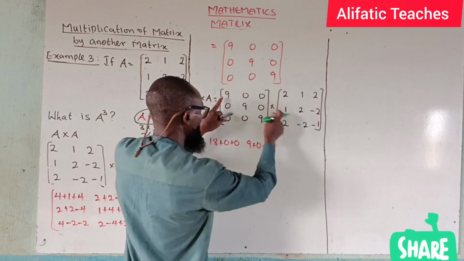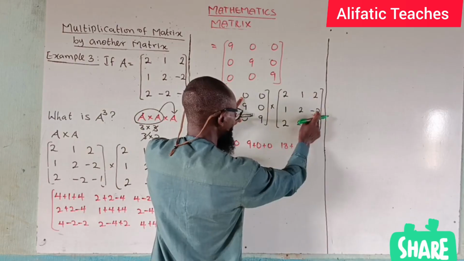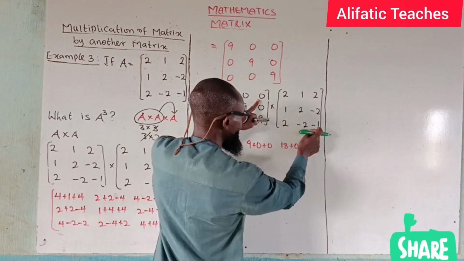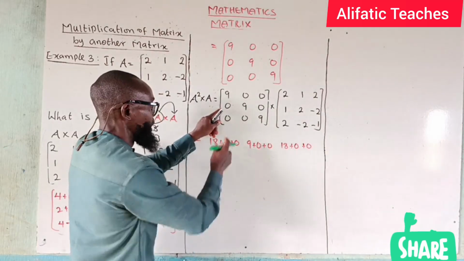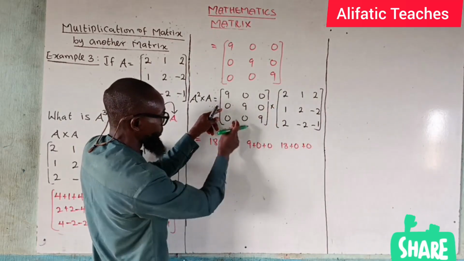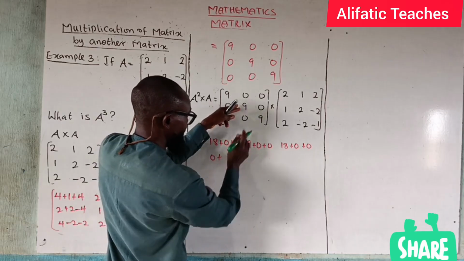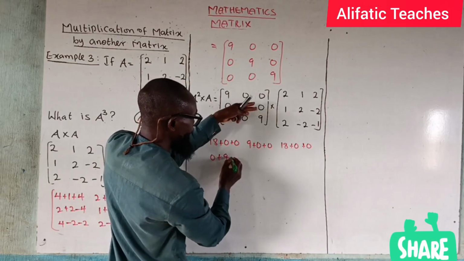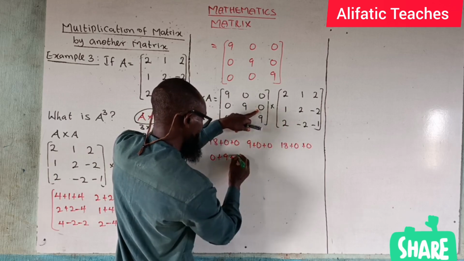First row, third column. 9 times 2, 18. Plus 0 times minus 2, 0. 0 times minus 1, 0. Okay, let's move on to the second row. Second row, first column. 0 times 2, 0. Plus 9 times 1, 9. Plus 0 times 2, 0.